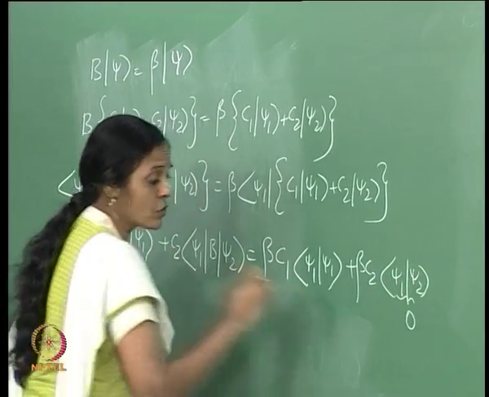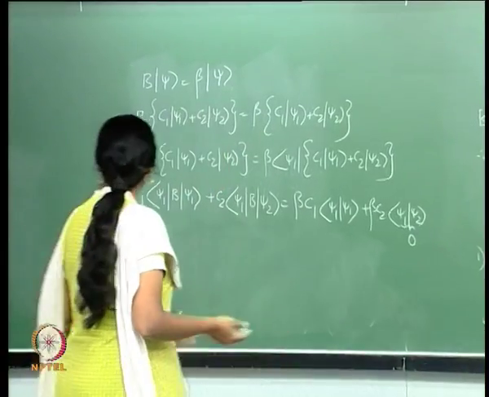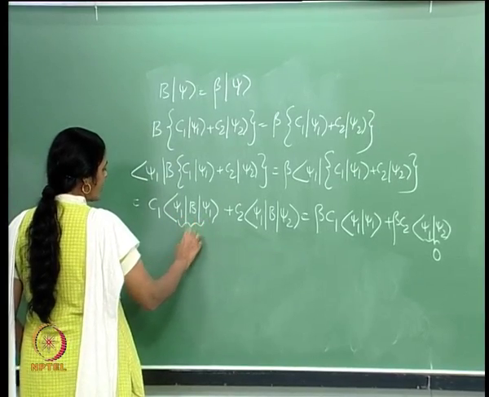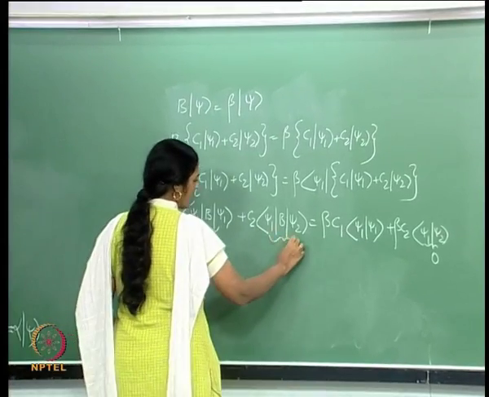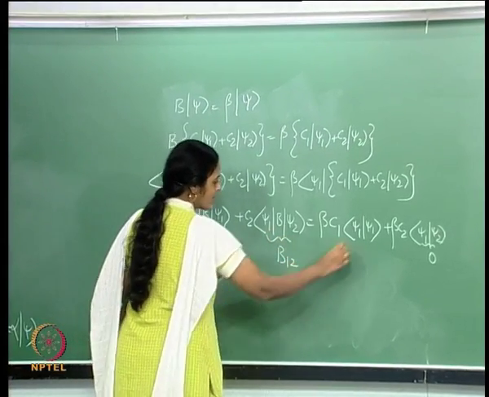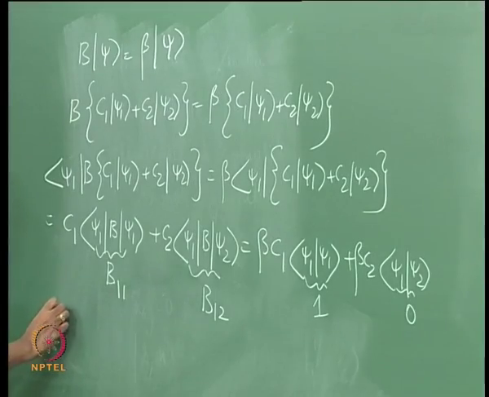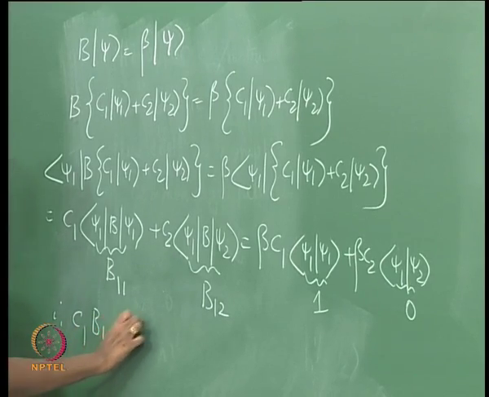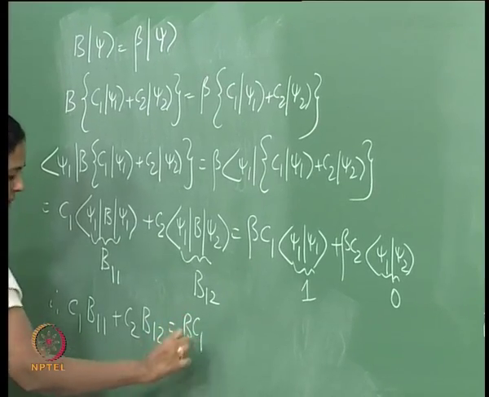I have already assumed that psi 1 and psi 2 are orthogonal to each other, and therefore I have a shorthand notation B11 for this, B12 for that. This is normalized to 1. So I have C1 B11 plus C2 B12 is beta C1.